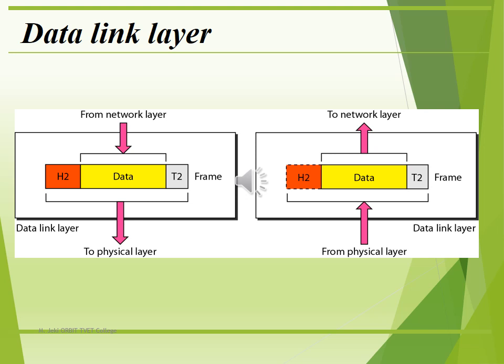Remember, the MAC address is the hardware address of your computer. Every network interface card holds what is called a MAC address, or a media access control address, to identify one computer from the other.